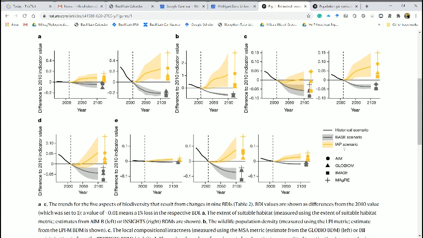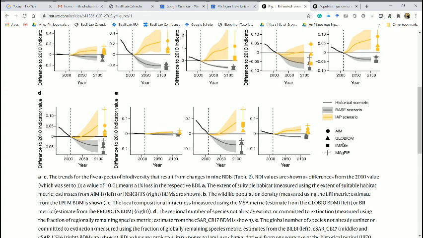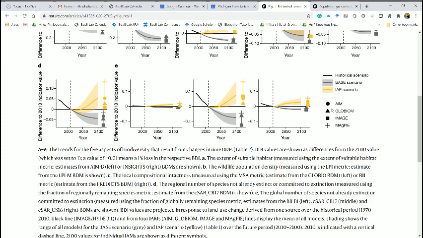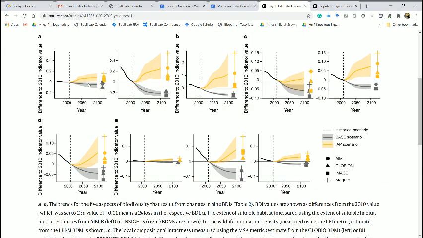And then the yellow line refers to the IAP scenario, which I think refers to a kind of climate intervention. IAP, that sounds familiar. Might have something to do with the Paris Climate Accord, something like that. I'm not sure.